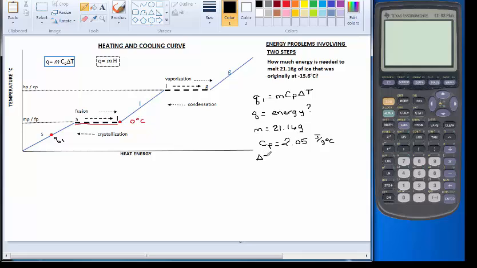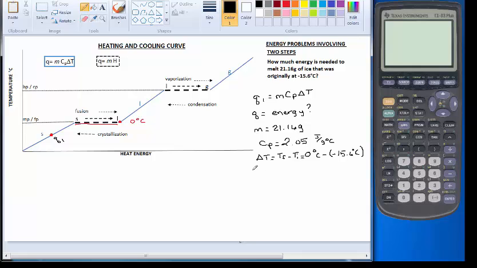Delta T means change in temperature, or T final minus T initial. Our initial temperature is negative 15.6 degrees Celsius, and our final temperature is going to be 0 degrees Celsius, since our problem doesn't tell us that it changes any temperature after it melts. So delta T is 0 minus our initial temperature of negative 15.6 degrees Celsius.